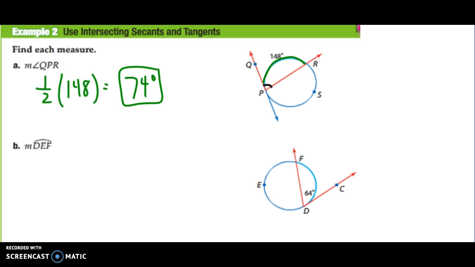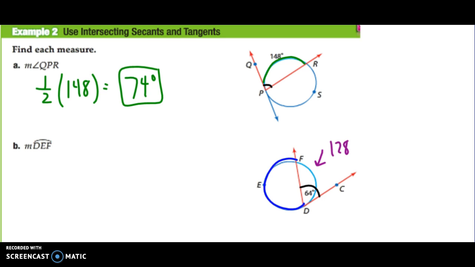In letter B, we go the opposite way. They tell us that the angle right here is 64, and our job is to find this intercepted arc right here. Now that might be a little confusing because we don't know that angle, but we do know that this side right here, arc FD, is going to be twice as big as 64, which in our case would be 128.